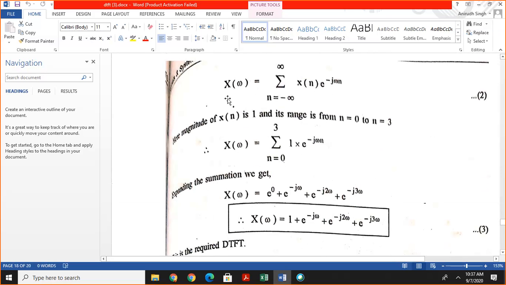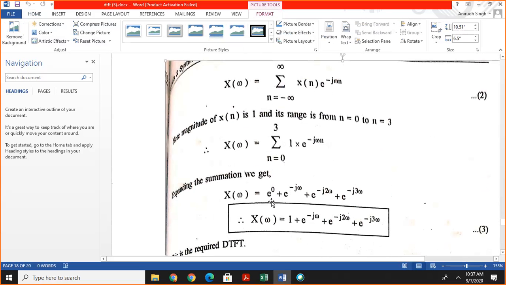So substituting the value of x of n in X of omega, with n from 0 to 3, we get the value of X of omega: exponential 0 plus exponential minus j omega plus exponential minus j 2 omega plus exponential minus j 3 omega.